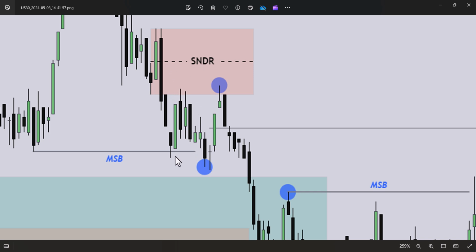Although this doesn't put in a new low, if you go to lower time frames, price did put in a new low right here with the body closure, and this will look like a market shift in time frames like the 5 second. But the SNDR is still pushing price to the downside. This zone is still pushing price to the downside. So this is only a double top scenario, sweeping the high and then continuing lower.